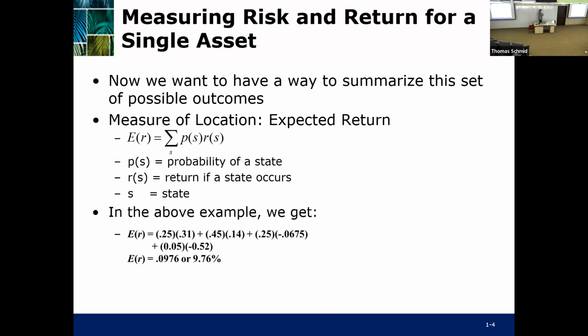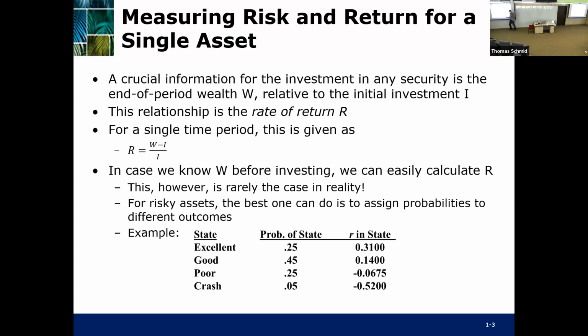So this is the first important measure, the measure of location, expected return. I mean, obviously, this measure alone is not a good description of this table. Because if you look at the table, in no state is the return actually 9.7%. It's always different. This is just the average.